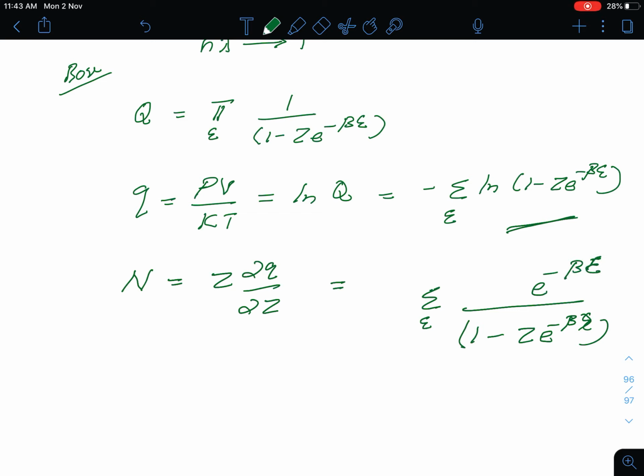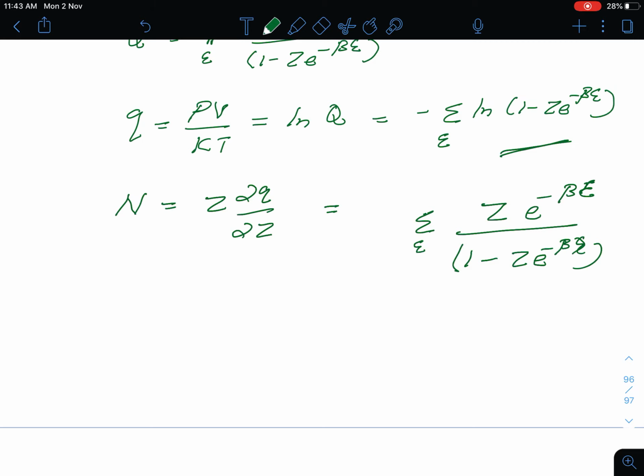You already have one minus here and another minus here, so that becomes plus z. So this is the expectation value of the number of particles, capital N. We'll be dealing with both these quantities here in detail. I think it's clear. Okay, good.